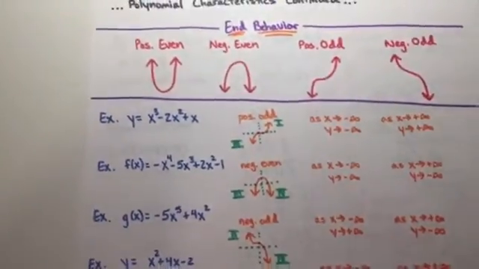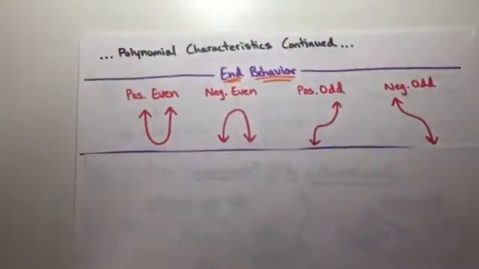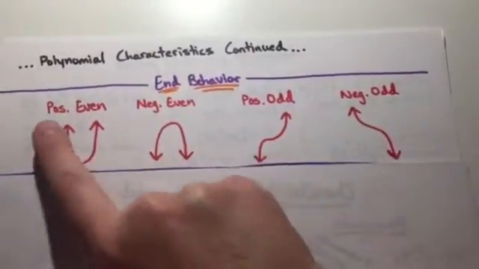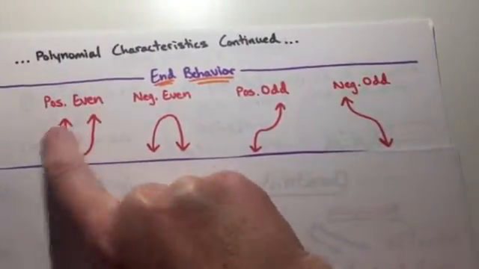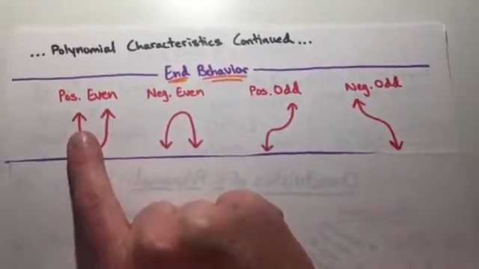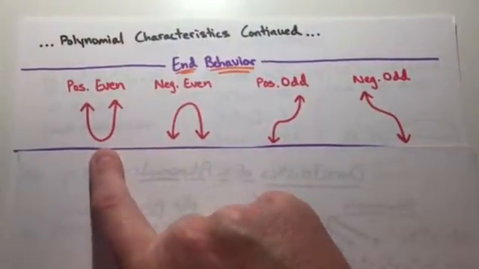So end behavior, let's look at one at a time here. The main idea is that for any given function, if it is positive and even, and that means we're looking at the leading coefficient when it's in standard form, then it's going to follow the same behavior as a basic positive quadratic function.